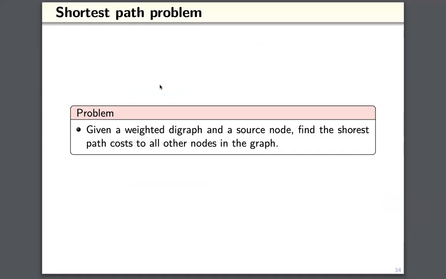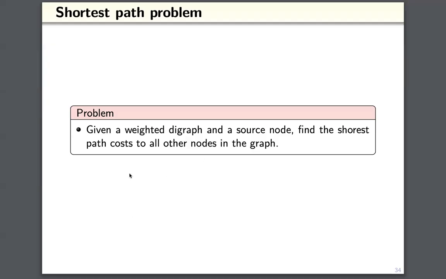So this is a new problem now. This is not the MST, it is the shortest path problem. We are given a weighted graph, right? Weighted directed graph or weighted graph. And we are given a source node. We want to find the shortest path cost to all other nodes or vertices in the graph. How do you do this?